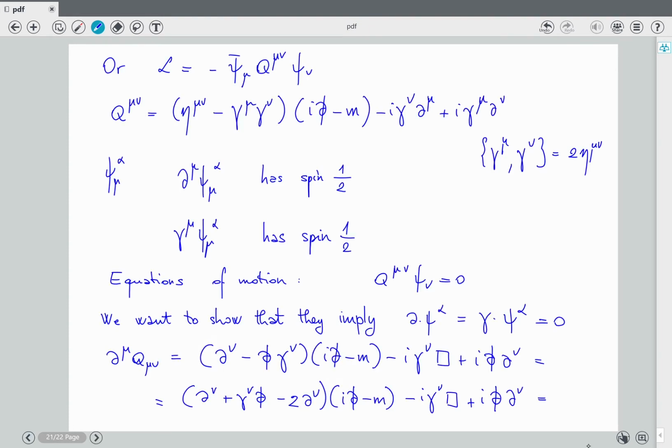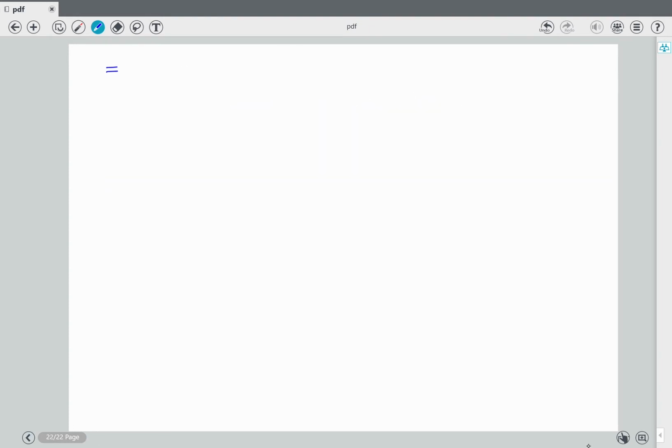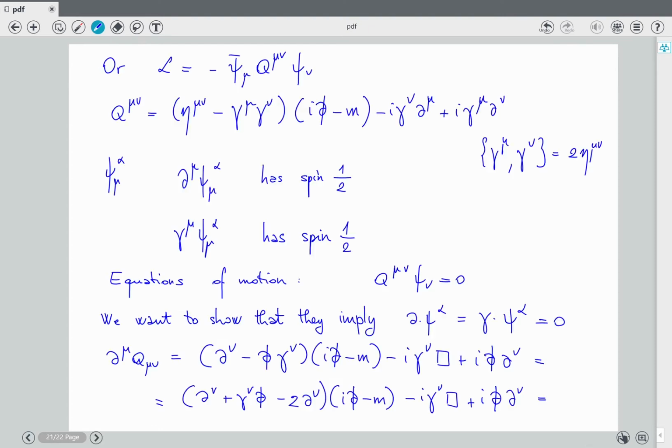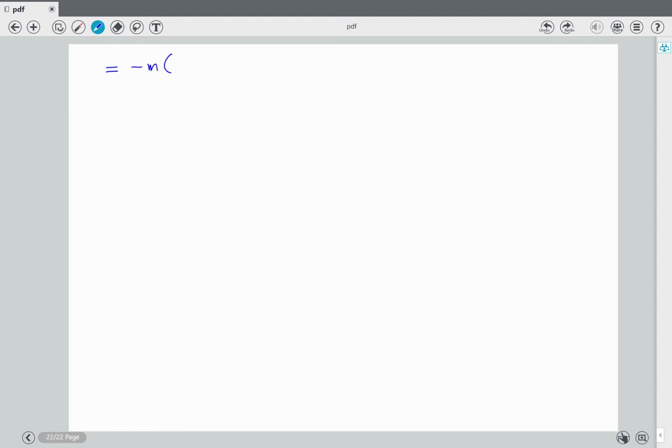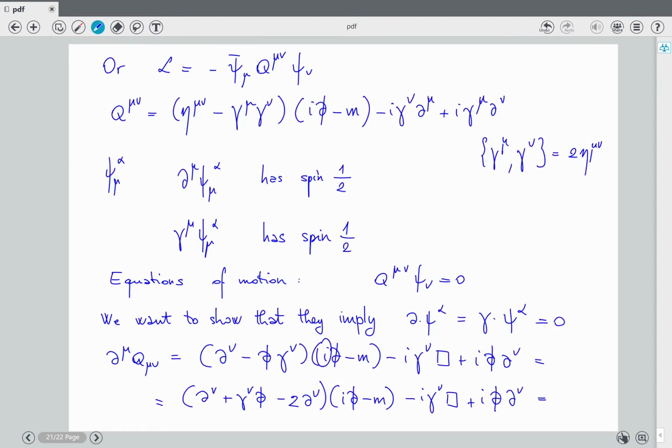The mass term is minus m, and that multiplies ∂^ν minus 2∂^ν, which is minus ∂^ν. So γ^ν∂̸ minus ∂^ν, plus i collecting every other term.